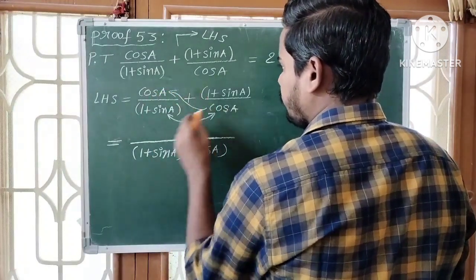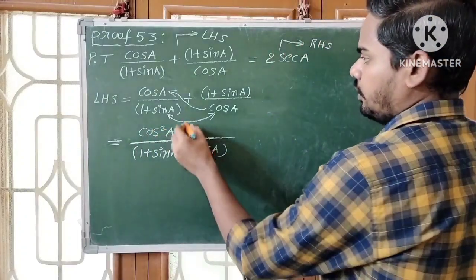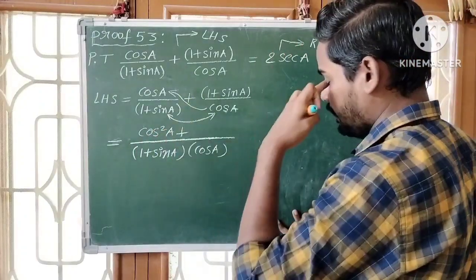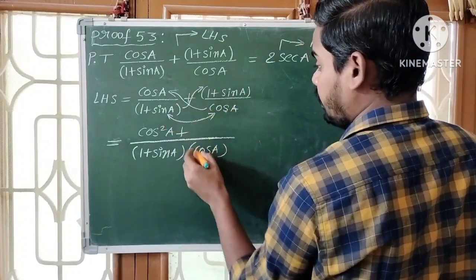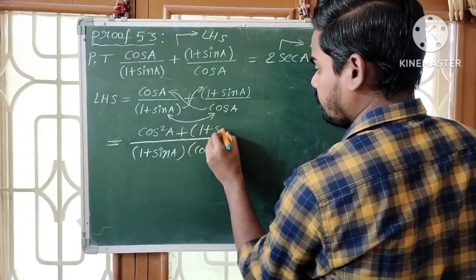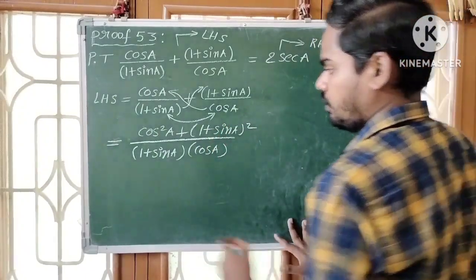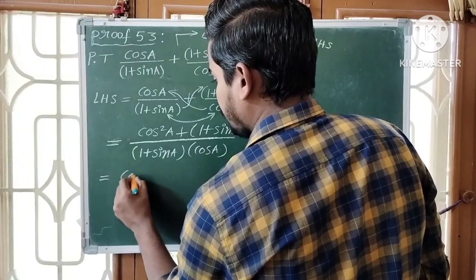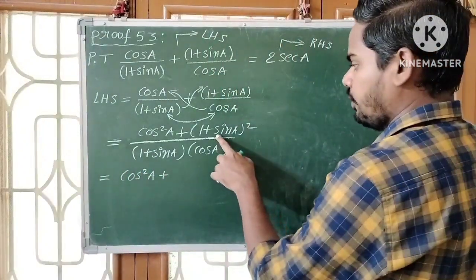Cos A into cos A, cos square A, plus 1 plus sin A into 1 plus sin A, 1 plus sin A whole square. Next, cos square A plus. Now simplify this.